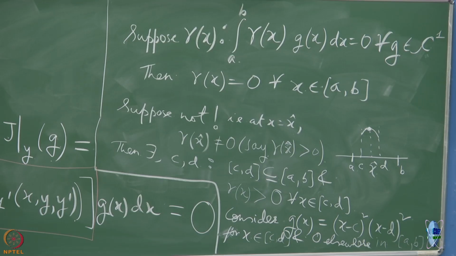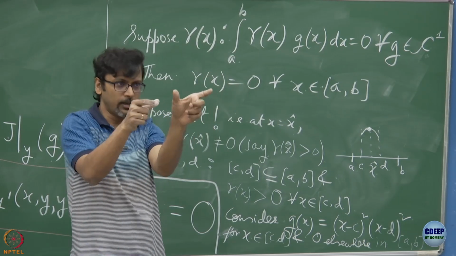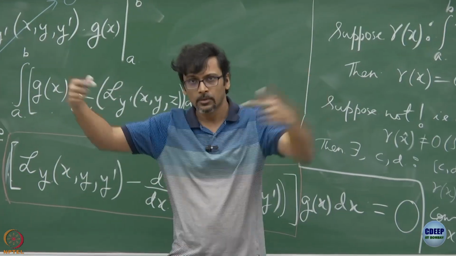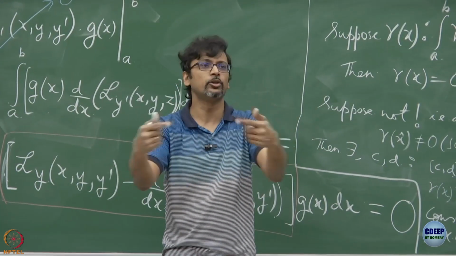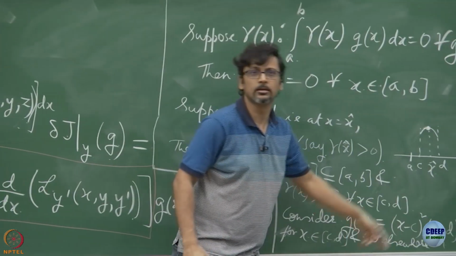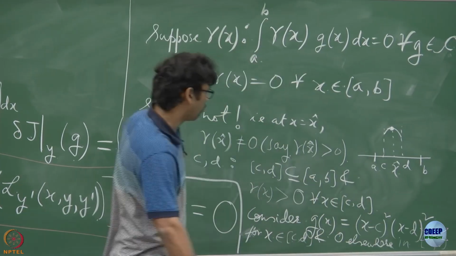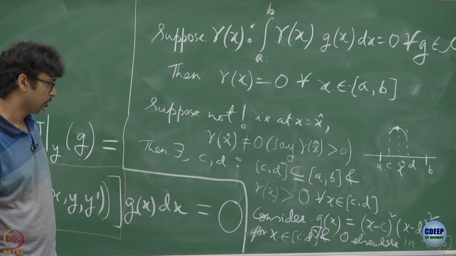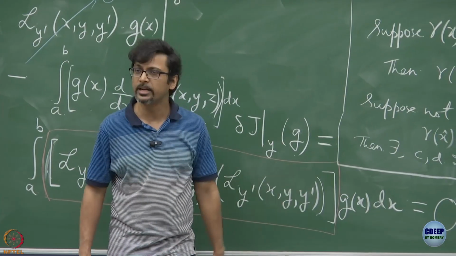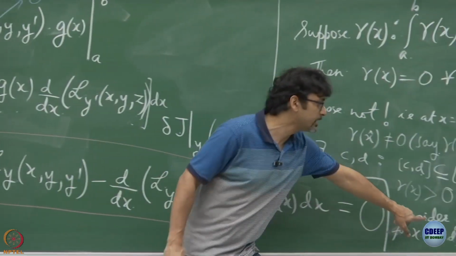And if you stitch it together with the 0 function in the interval a to c and d to b, you can get a smooth stitching together, smooth up to the first derivative. That's the reason I took the square here. And what else can you say about the sign of this function in the interval c to d? Positive.